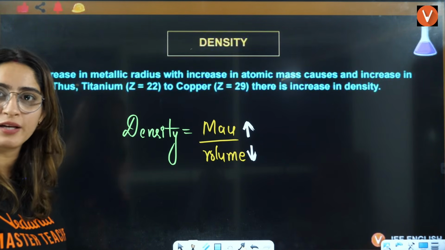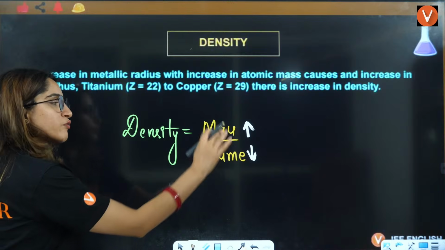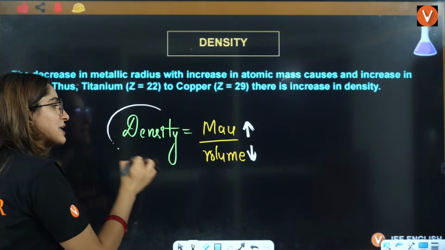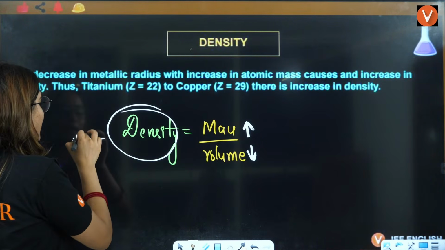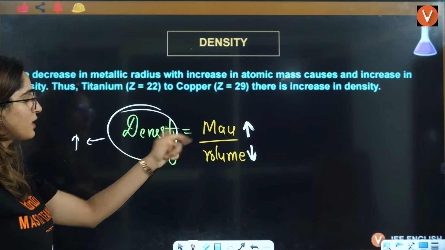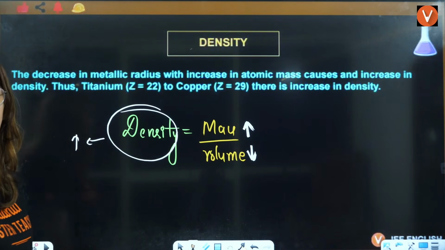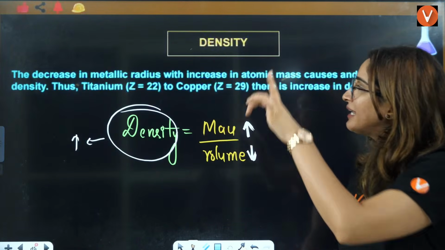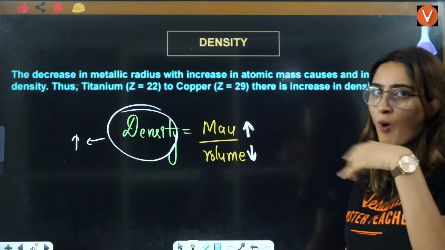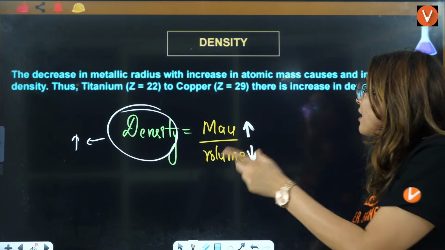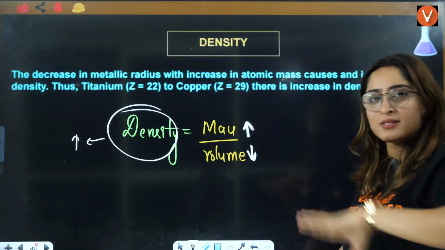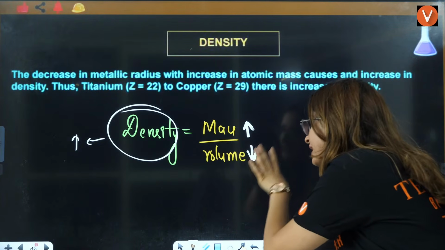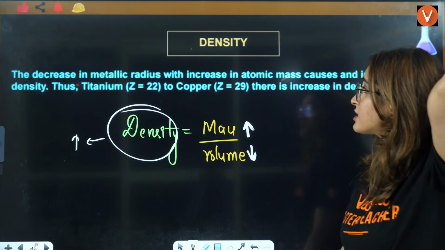Volume is equal to 4 by 3 pi r cube. So radius is decreasing, volume will decrease. In that case, density is going to increase, because when this decreases, this will increase. With the decrease in metallic radius, the volume decreases, and with the increase in atomic mass, density should increase.